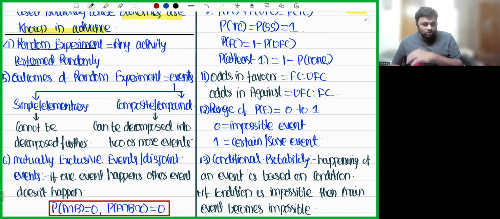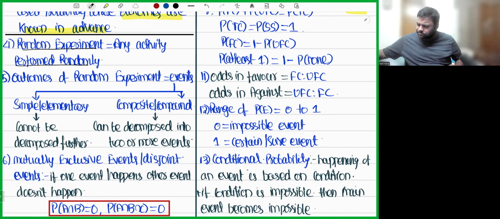And there is one more definition also for this. Any experiment which has random outcomes is also called a random experiment. Any activity which you perform randomly is a random experiment. Any experiment which has random outcomes is also a random experiment, my dear friends.